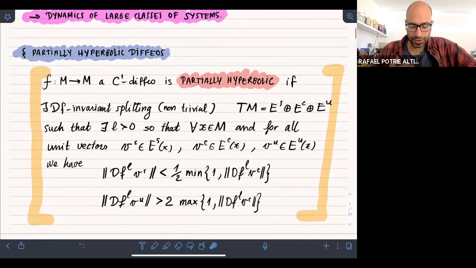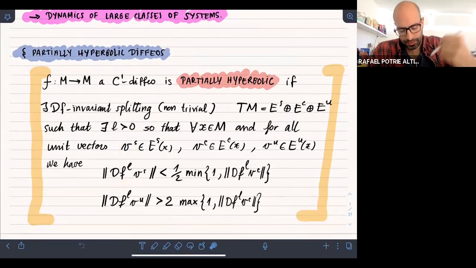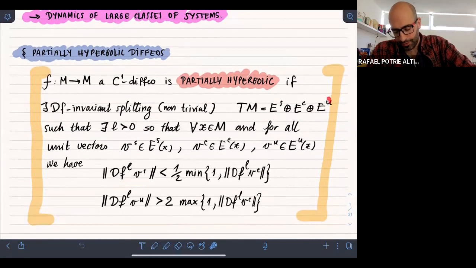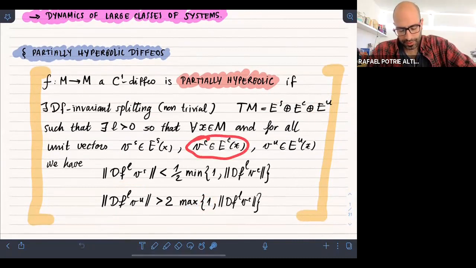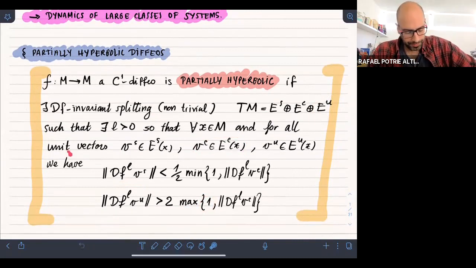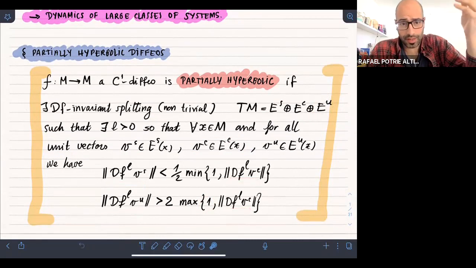And the condition that they verify is that vectors in the stable bundle are uniformly contracted by the derivative. Vectors in the unstable bundle are uniformly expanded by the derivative, and the vectors in the center direction, so I'm taking unit vectors, have an intermediate behavior with respect to the other two. Okay, so this is a standard definition.